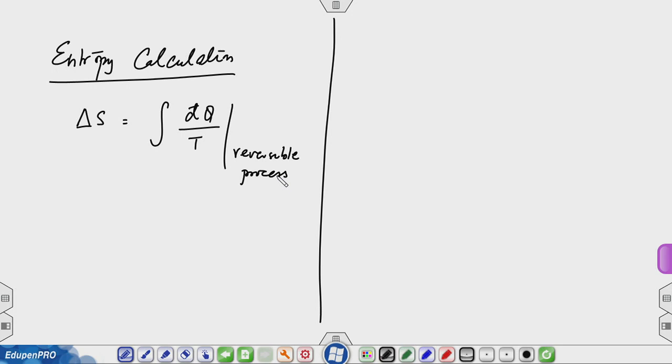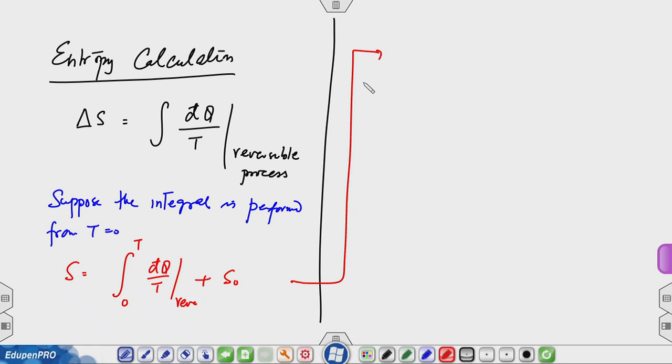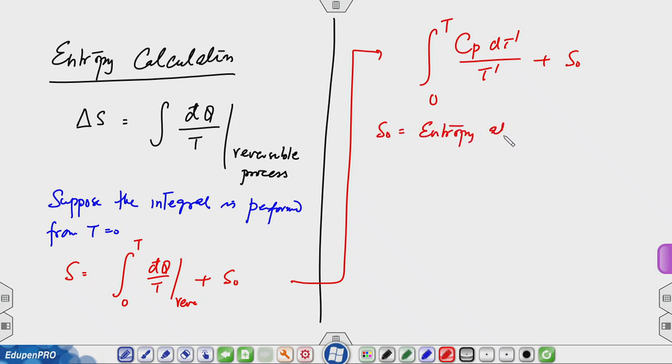And if we integrate from T equals 0, so suppose the integral is performed from T equals 0, then I have S equals the integral from 0 to T of dq reversible over T plus some S0, which can be written as the integral from 0 to T of Cp dT prime over T prime plus S0, where S0 is the entropy at T equals 0.